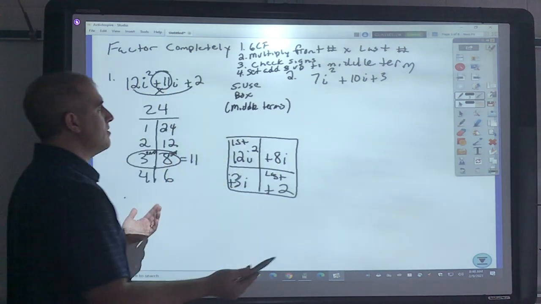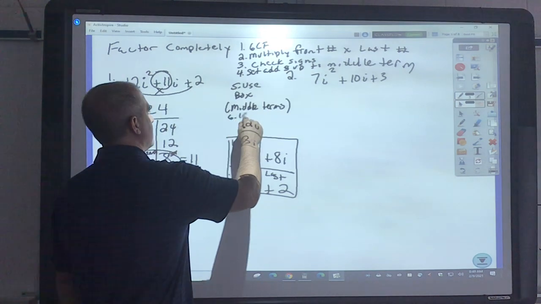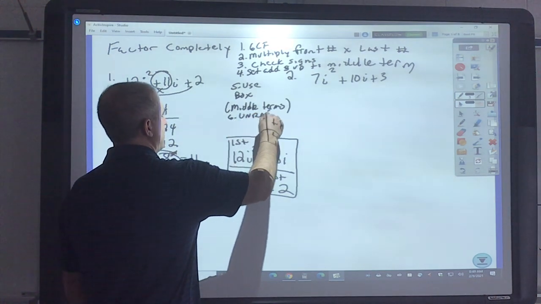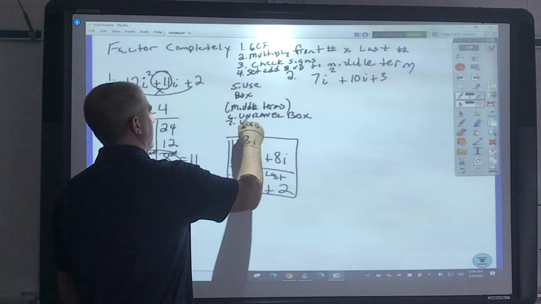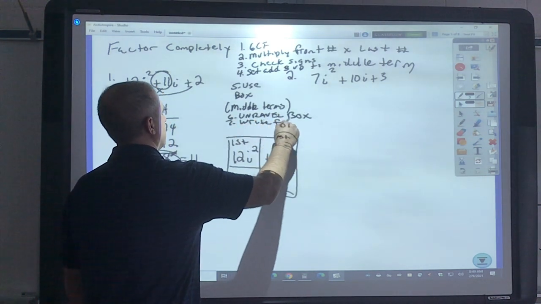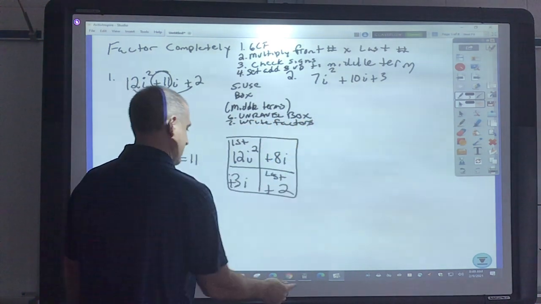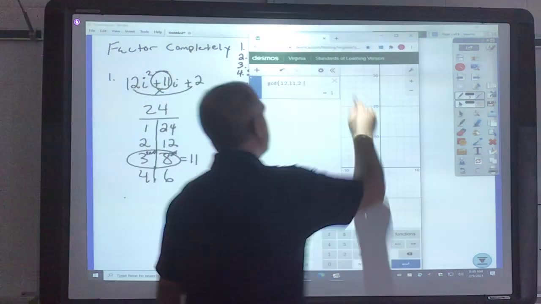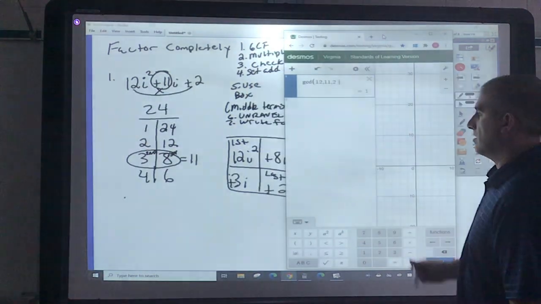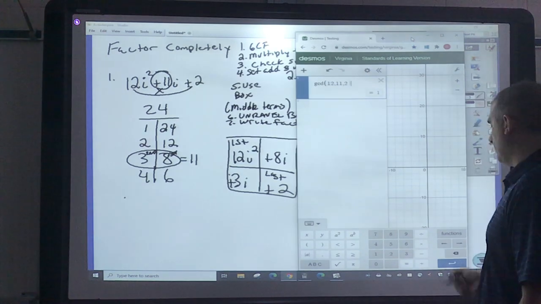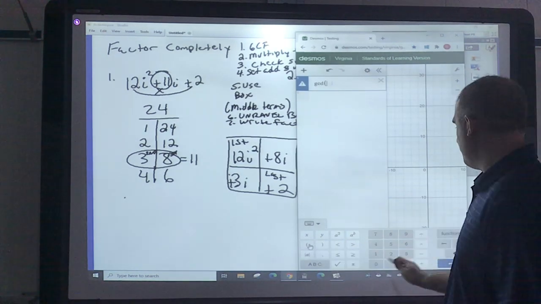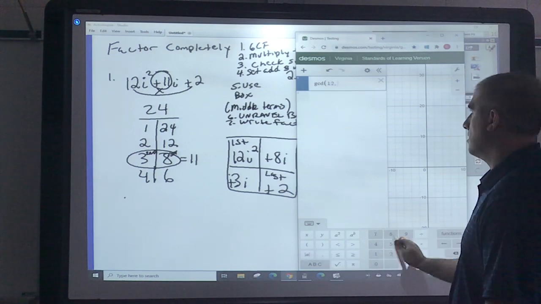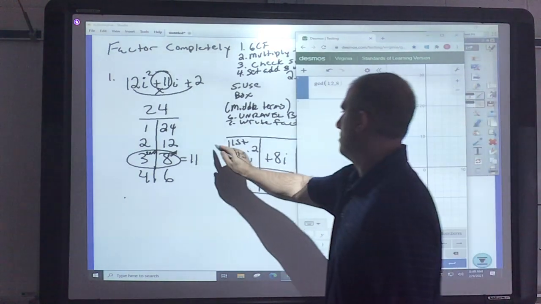Now, all we're doing is unraveling the box. Unravel the box, and then write your factors. How do we unravel the box? You can do the GCF stuff. Going across, I've got 12 and 8, which will be 4.